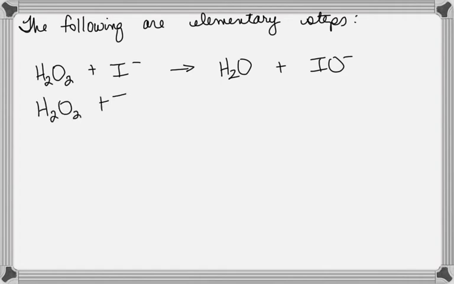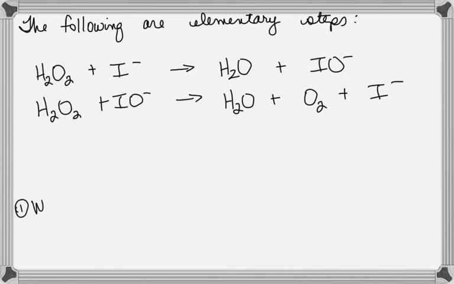And H2O2 plus IO negative yields water and oxygen and I negative. Number one, I want you to write the overall reaction.